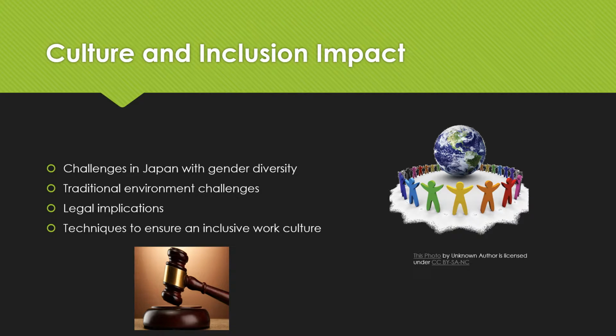Some legal implications: the Basic Law for a Gender Equal Society was publicized and enforced in June of 1999. The purpose of this law was to comprehensively and systematically promote formation of a gender equal society. The law clarifies five basic principles. First, respect for the human rights of women and men.